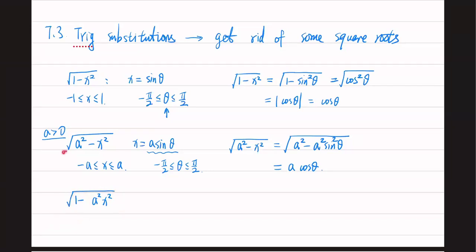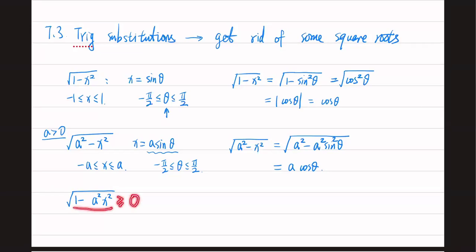What's the first step to find the domain for x? It needs to be that 1 minus a squared x squared is greater than or equal to 0.